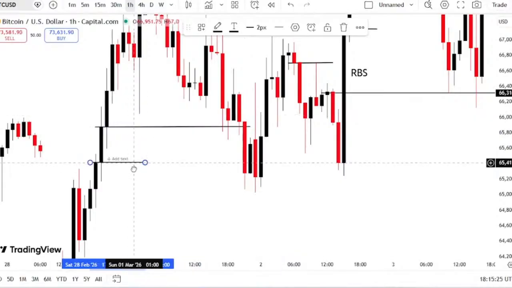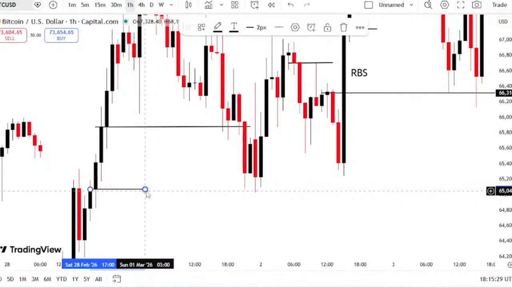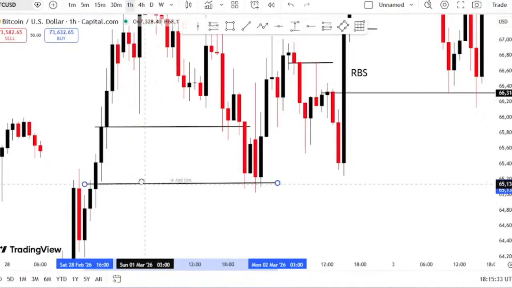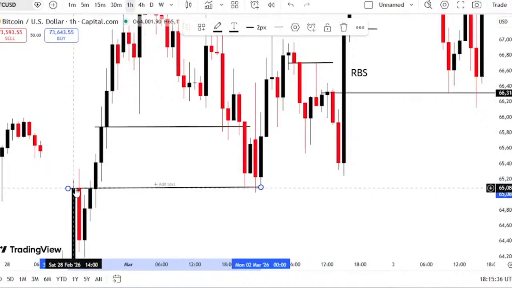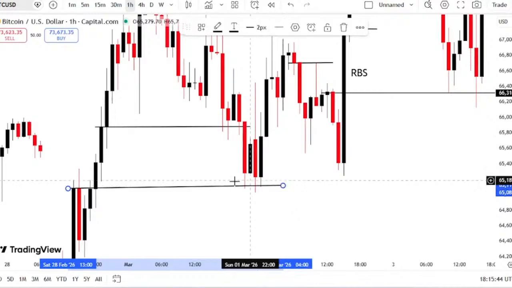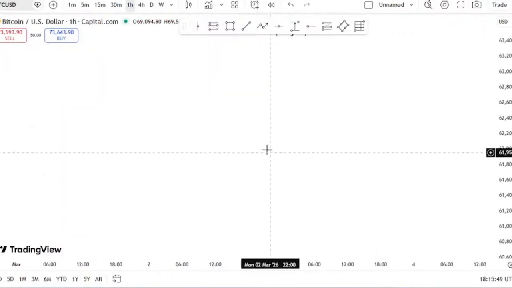And look at this particular level here, this open and close level also. It's also fortunate to line up with RBS. This is a resistance that turned to support, and they line up with gap level, and price was able to react from here, and price just went up like that.